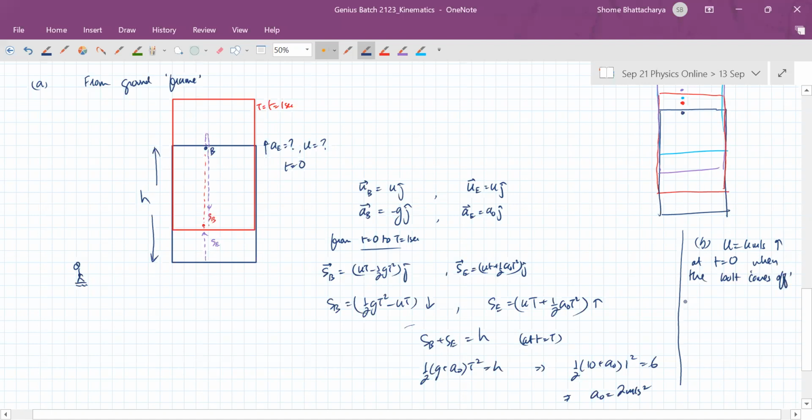So you have to find the distance traveled. The elevator is still going with acceleration a naught. Yes, the elevator has constant acceleration, which is what we've assumed from the beginning for the A part also.